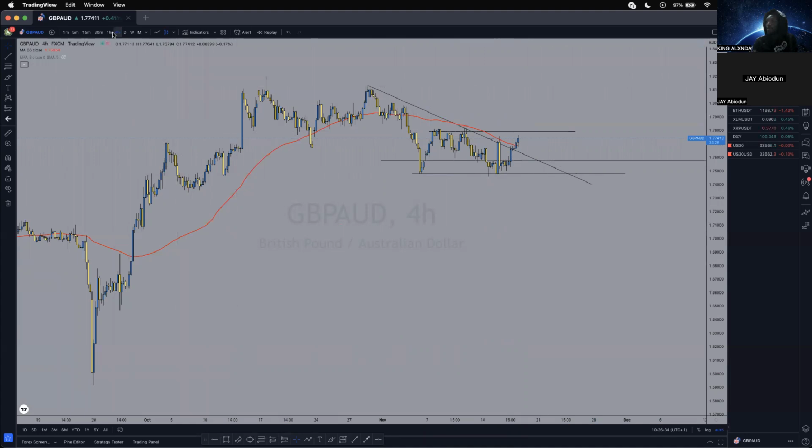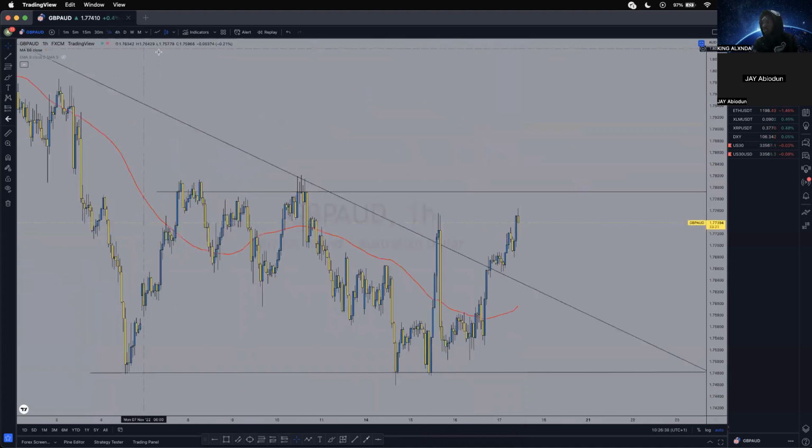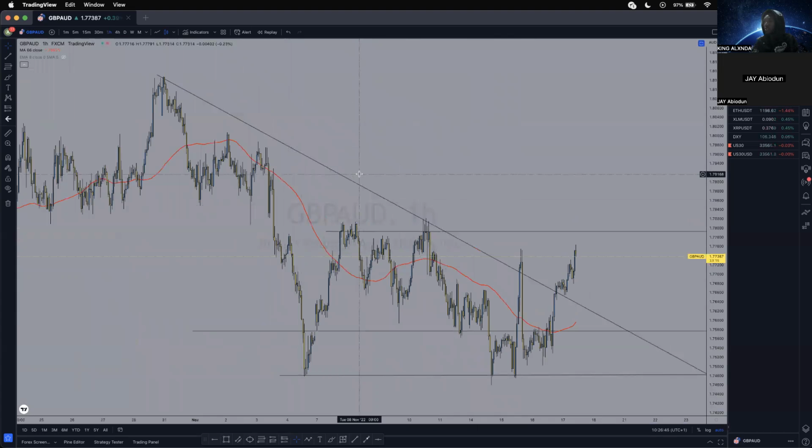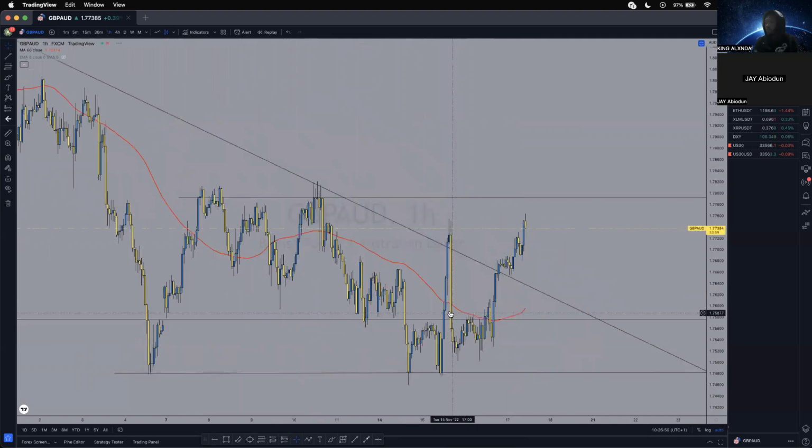So this is me just doing top-down analysis, but it goes extensive, it's more than what I'm showing. I just try brush them for you on a clear chart, on a clean chart like that. So I focus on those main things I tell you: structure, price action, and technicals.